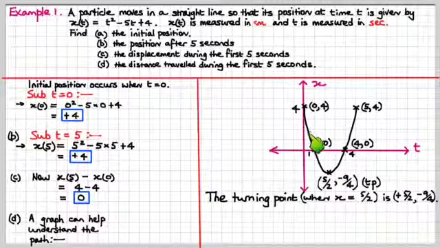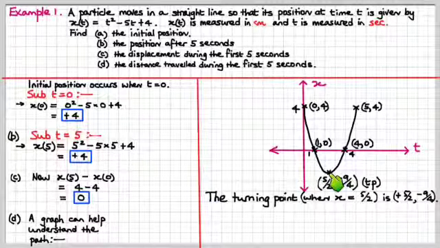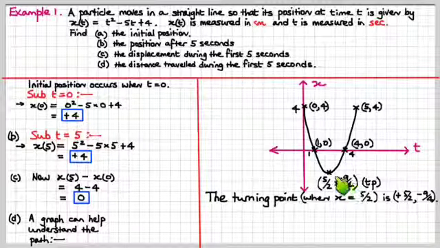In other words, it's going to the left. Now it's to the left of the origin, into the negative. It gets down to that position, -2.25 at 2.5 seconds, and now it starts coming back the other way. In other words, the x value is becoming more positive, it's travelling to the right.